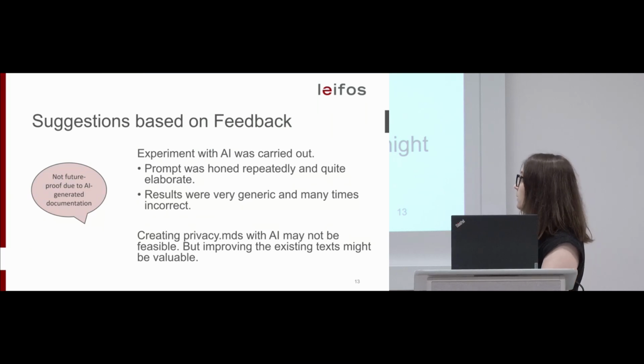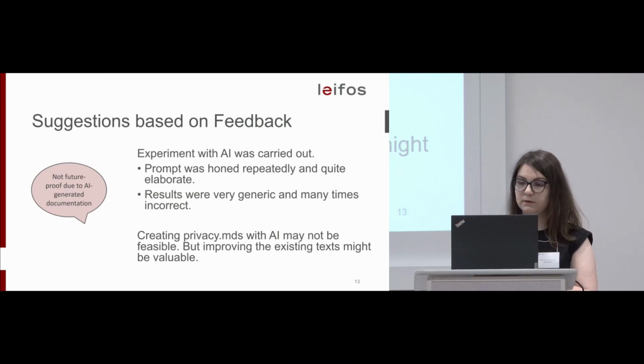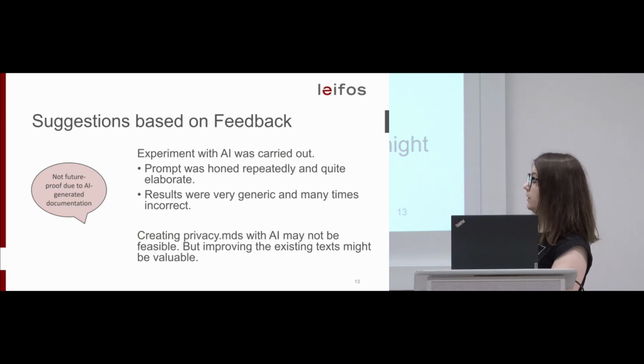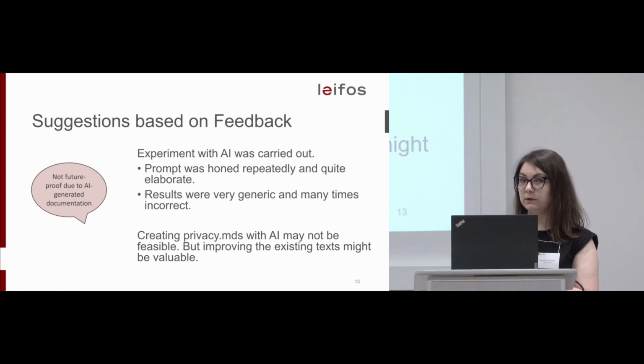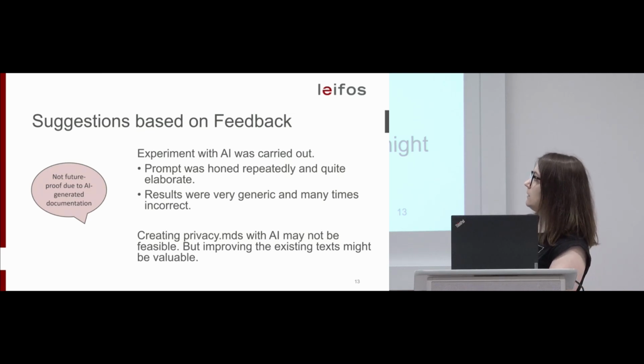So creating Privacy MDs with AI may not be feasible, but I think it's important that this documentation remains trustworthy and also useful, so that users don't want to go and ask AI to create some kind of documentation, or ask AI how data is processed in ILIAS, because the results are not good.